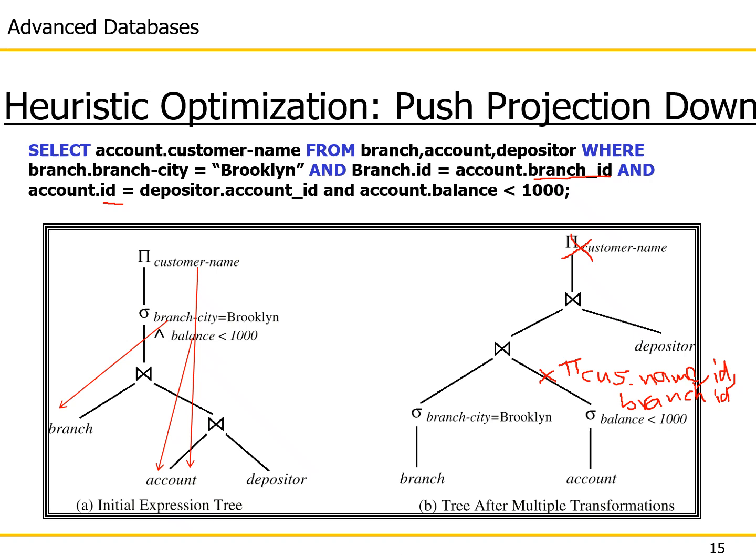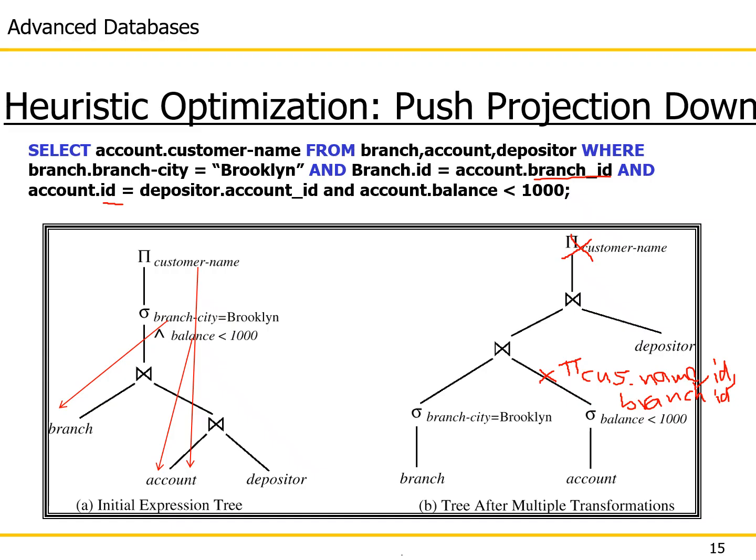The second heuristic is to push the projection down for the same rationale. Just like we pushed the selection down, we reduced the number of rows we are propagating upward in the tree.